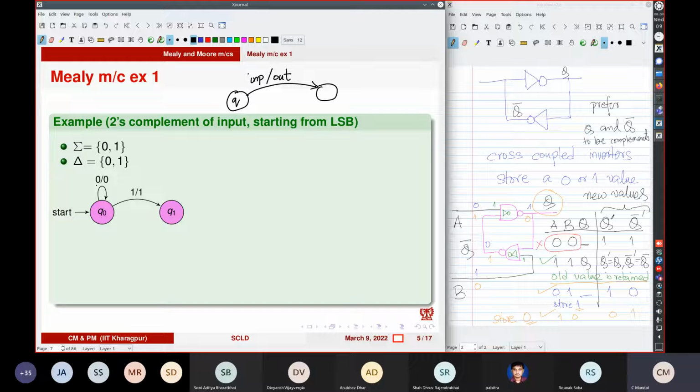So you input a 0, you get a 0. The initial run of zeros remains unchanged. The first 1 remains unchanged, and then everything gets complemented. All right. So this is your finite state machine. These are also called finite state transducers.